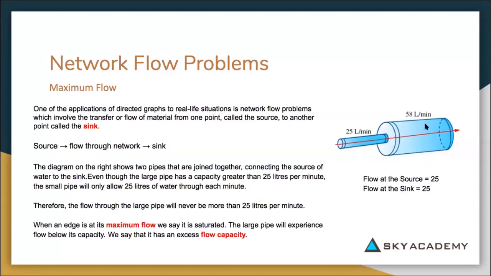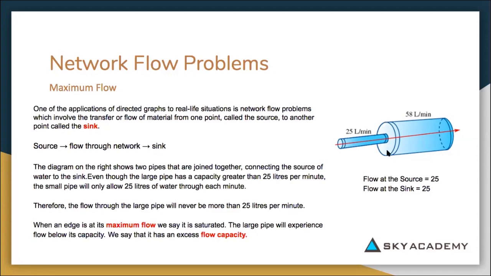So here is another example. The one that is at the start is called the source, and the one at the end is called the sink. As you can see here, here is the source, then it will flow through the network, and then it will end up in the sink. So let's have a look at this diagram here on the right. We have 25 litres at the source, and it's flowing through our network diagram.